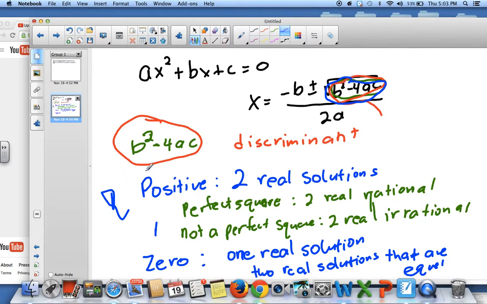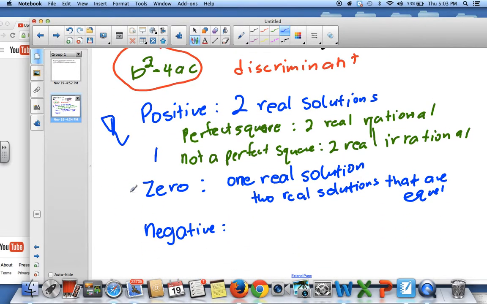So if b squared minus 4ac is negative, then I have two imaginary solutions, or complex solutions, depending on how we write that. We're going to say imaginary right now. Okay, now I'm going to do a quick example with 4 problems.